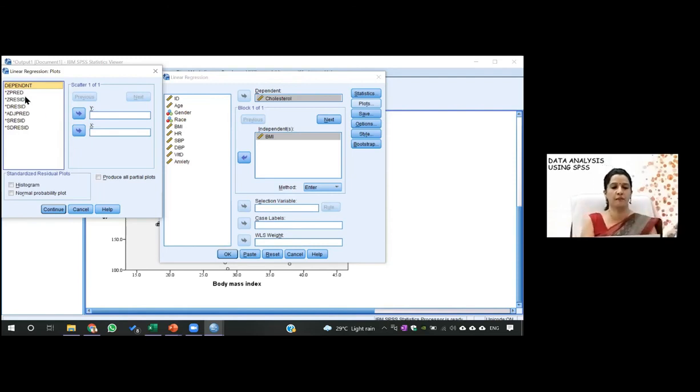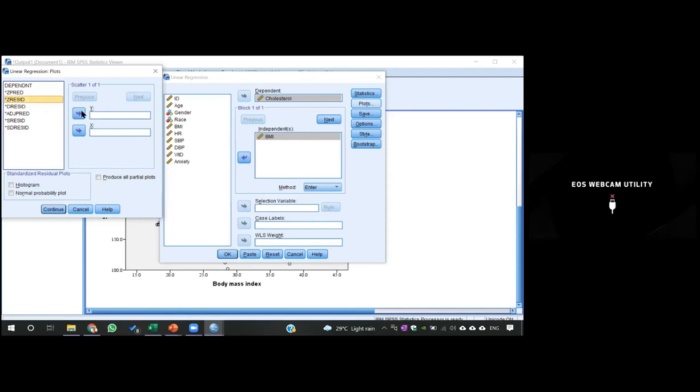And for that, we plot this graph. So here will be a Z, that is a standardized residual. This residual we shift to the y-axis, and this predicted value we shift to the x-axis. Okay. So this we do for generating a scatter plot.